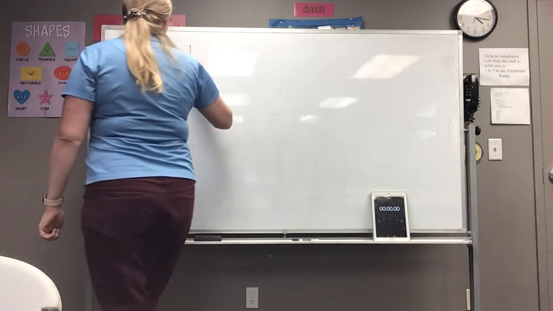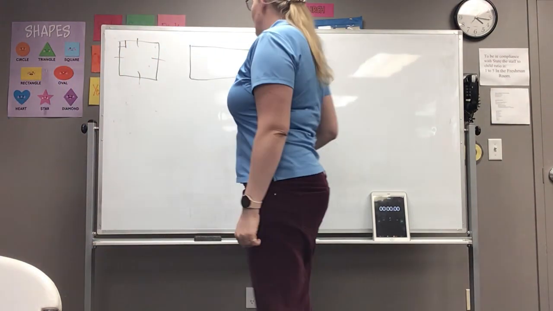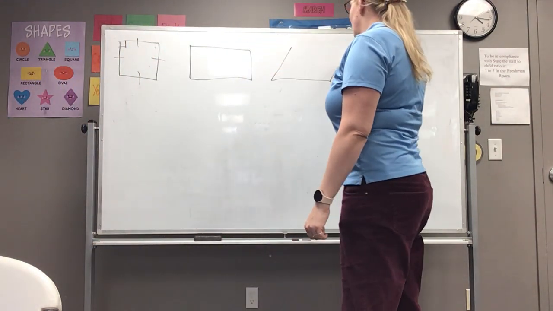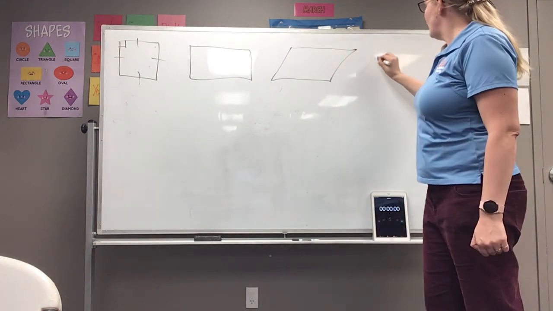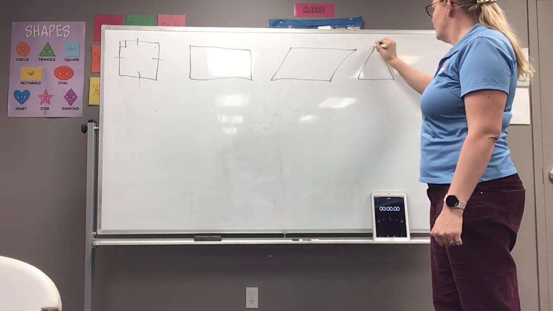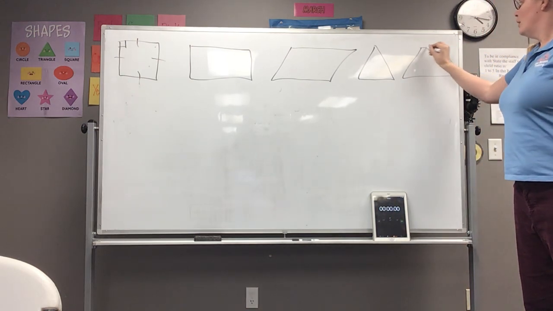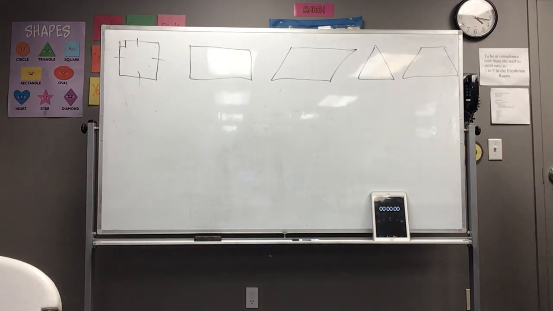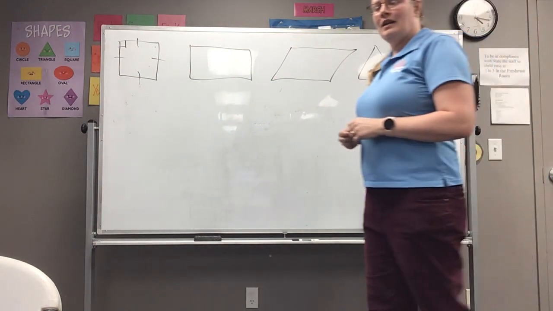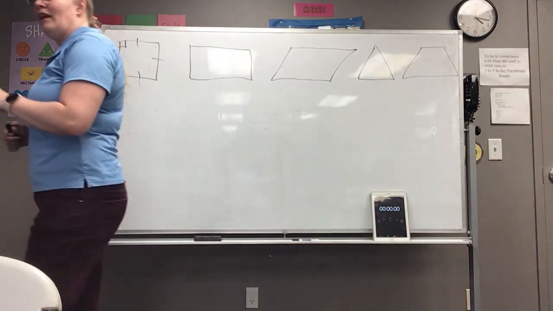We're going to have rectangle. We're going to have parallelogram. We are going to have triangle. And we're going to have trapezoid. How many of those formulas can you remember? If you were asked to find the area of any of these shapes, how many can you remember?